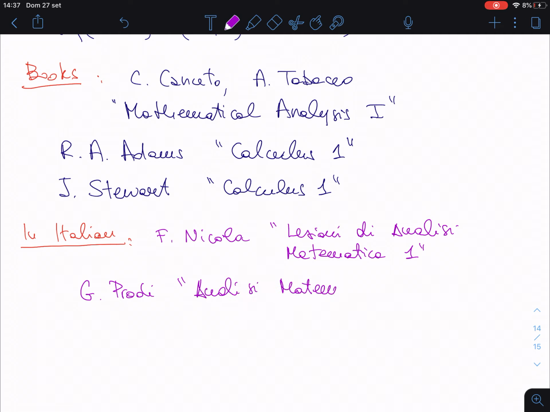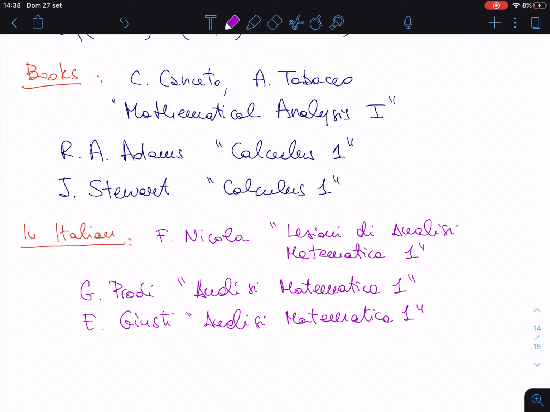Very nice and very deep, but difficult. The same can be said of the book by Enrico Giusti, Analisi Matematica 1. I suggest these books also for non-Italians, in order to learn a bit of Italian, at least starting from the Italian of mathematics, which is very basic, very simple.